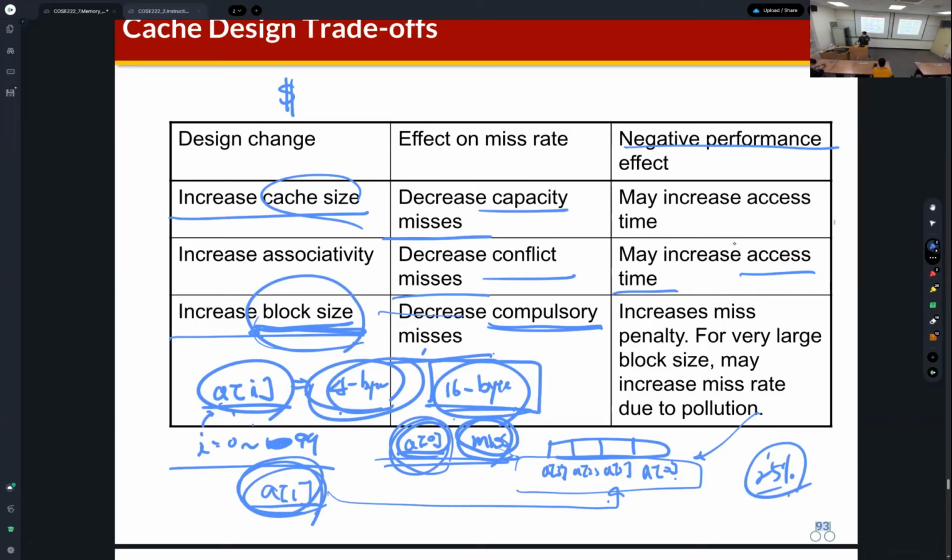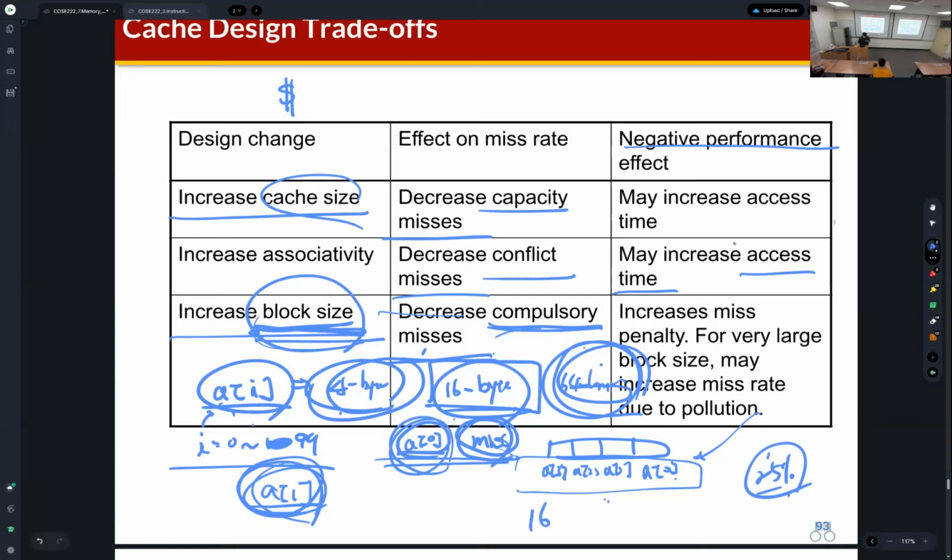It's because of the large cache block, and A1 is found in the next iteration. So if we increase the block size, we can decrease the cold misses. If we use a 64 byte block, this block includes 16 elements, right? So we can reduce the cold misses.